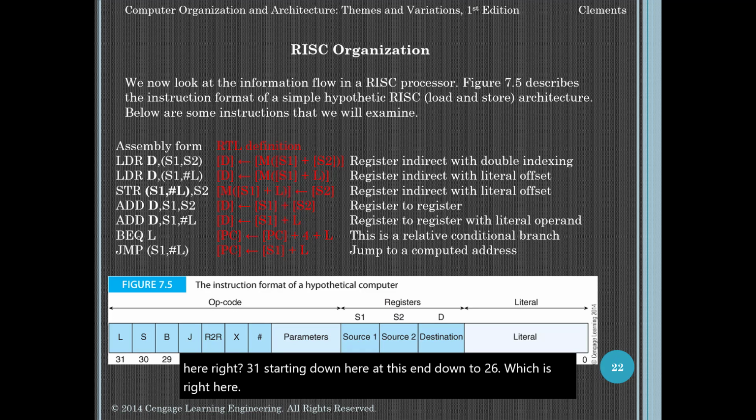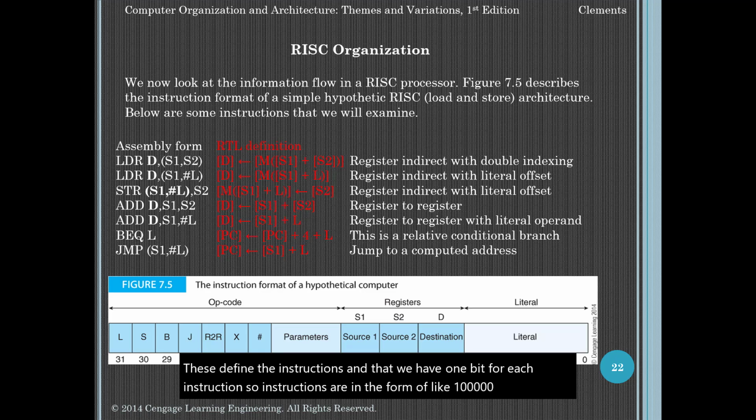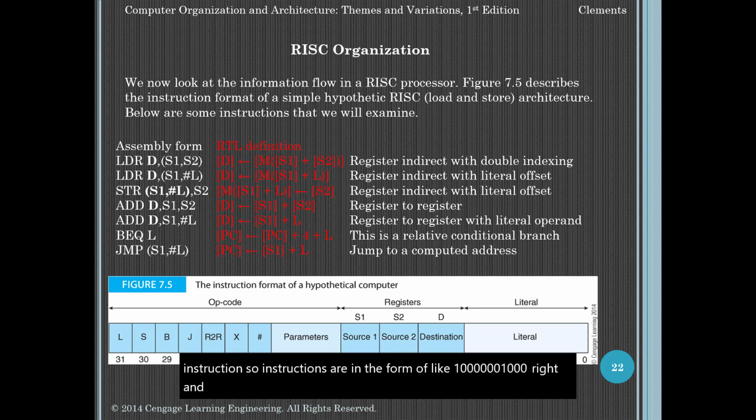These define the instructions, and we have 1 bit for each instruction. So instructions are in the form of like 1 0 0 0 0 0 0 1 0 0 0. And so it's wasteful of bits, but it does allow us to simplify instruction encoding when we do it this way.